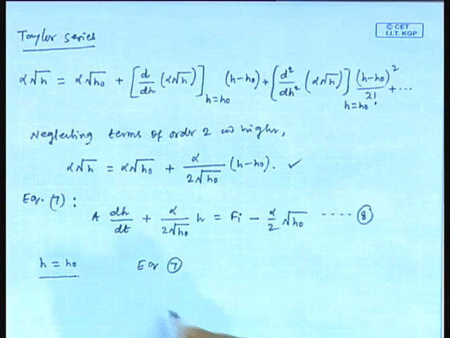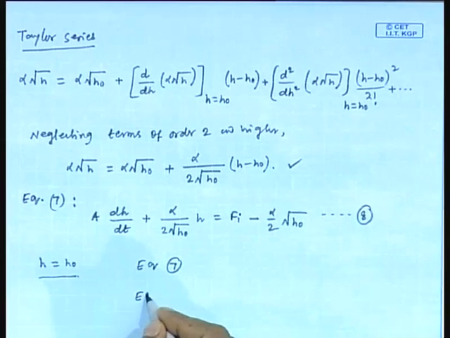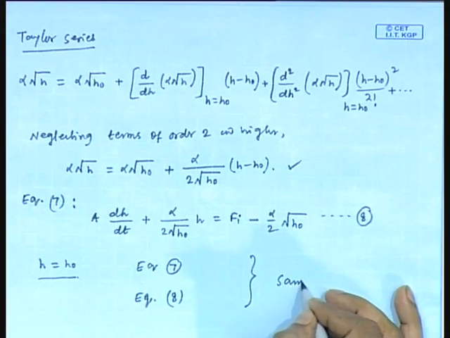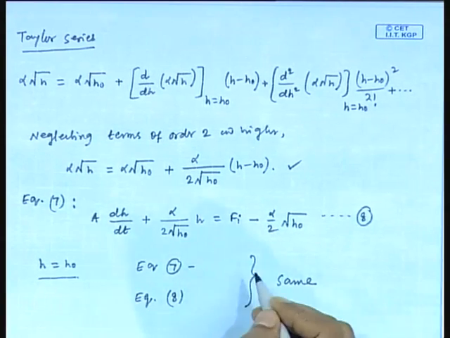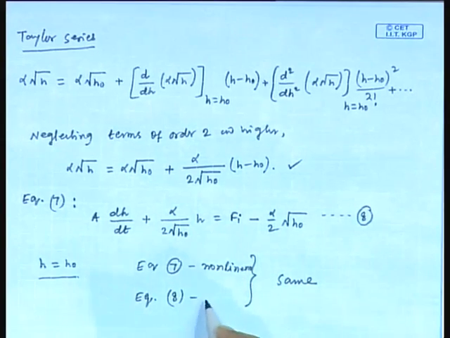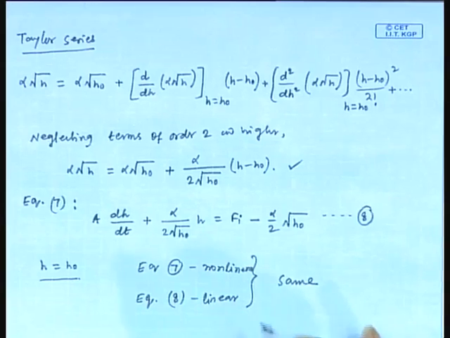Equation 7 represents the nonlinear form and equation 8 represents the linear form. Exactly at h naught they are identical, fine. So, that is why we have mentioned earlier that the linear approximation is satisfactory when x is very close to x naught. So, this is the linearization.